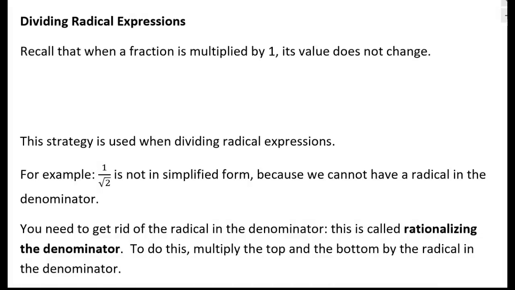So the first thing you need to remember is that when a fraction is multiplied by 1, its value doesn't change. So for example, if we've got 4/5, and we multiply that by 3/3. Remember, anything divided by itself is 1, so this is technically 1.